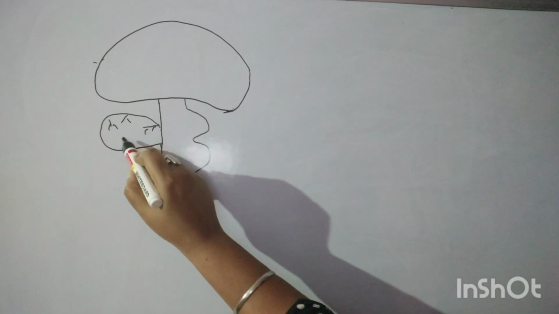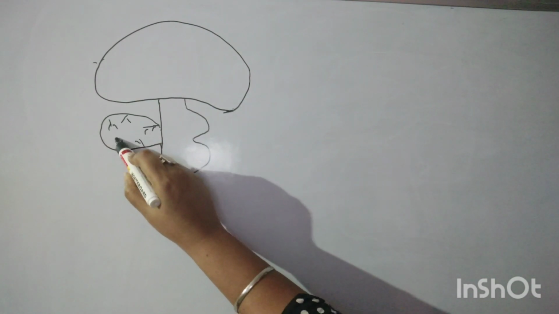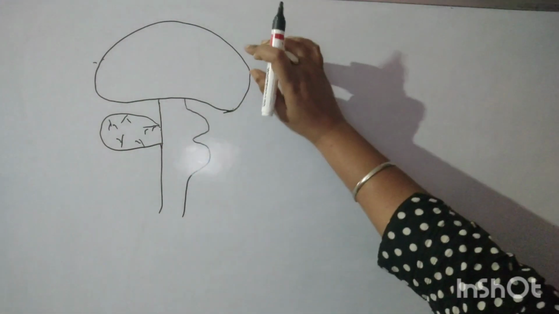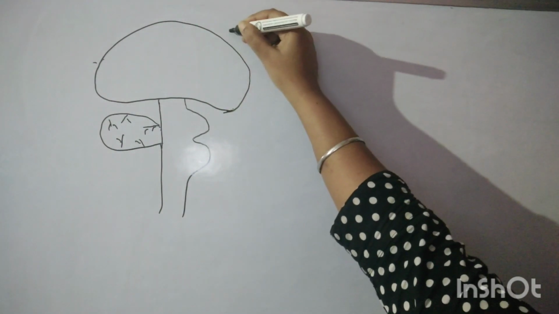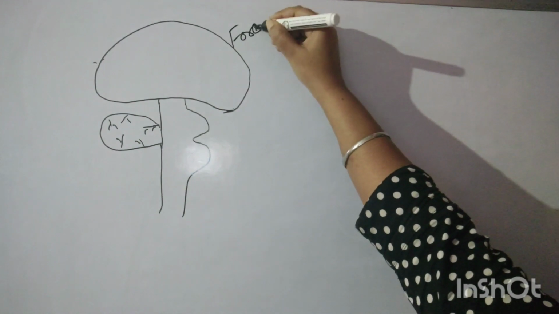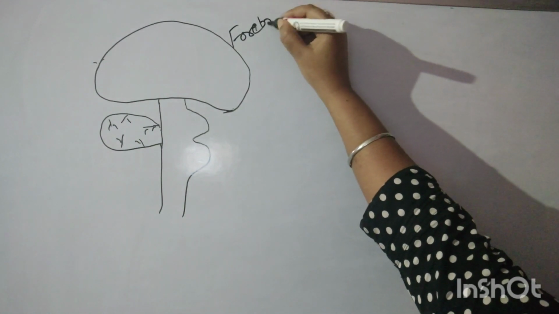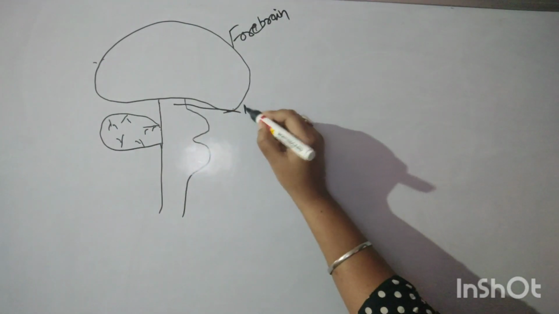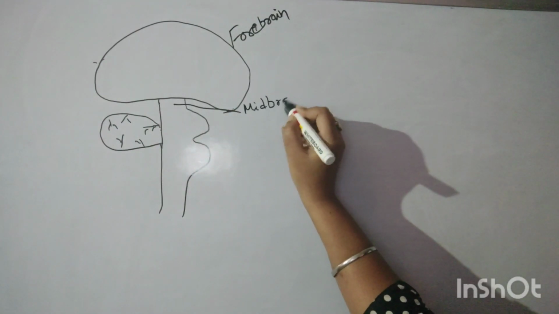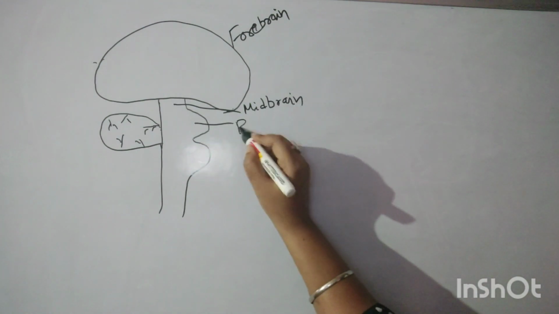Like this, we have studied all the lobes of the forebrain. This cerebrum is called the forebrain. This is our midbrain. This is our pons.